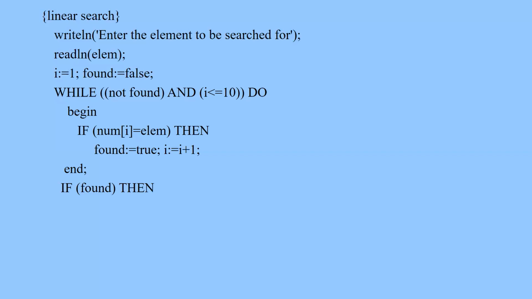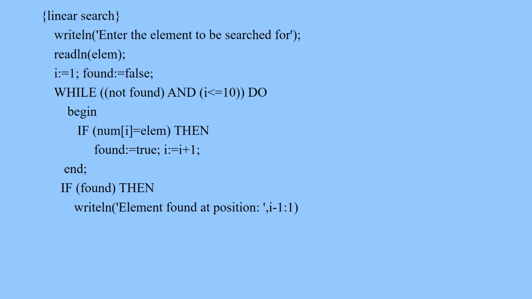Now, if found, and remember, already we set it to false. So if not found, that means if found, then write line: the element was found at position, pick the current content of memory location called I, subtract 1 from it.